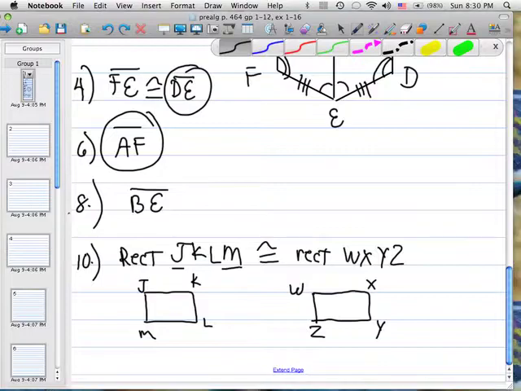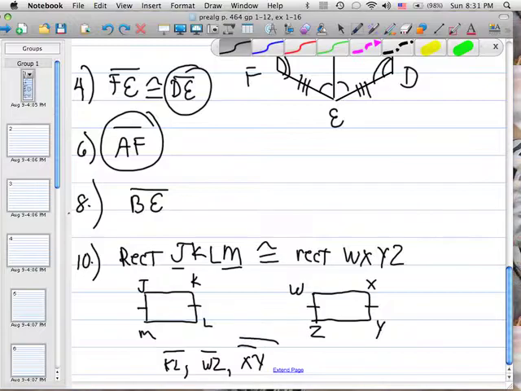MJ is congruent to KL, and KL is congruent to WZ, which is congruent to XY. So line segments KL, line segment WZ, and line segment XY.